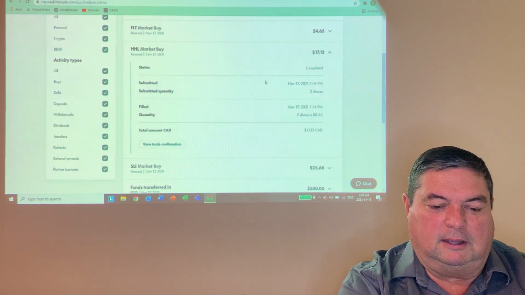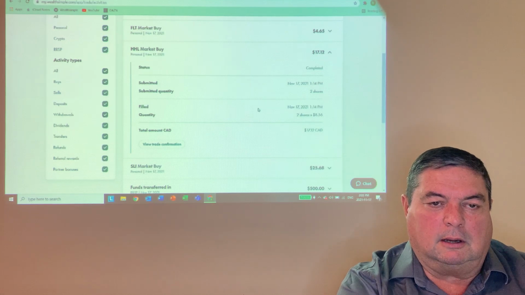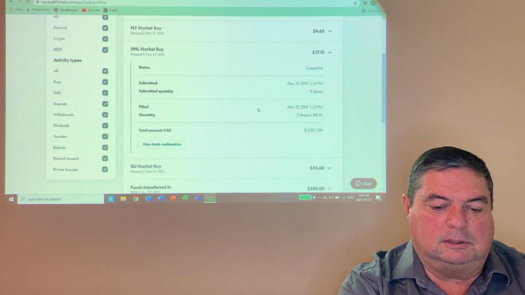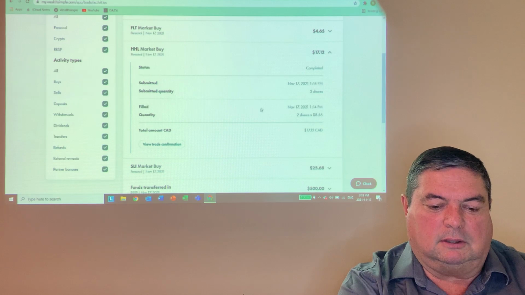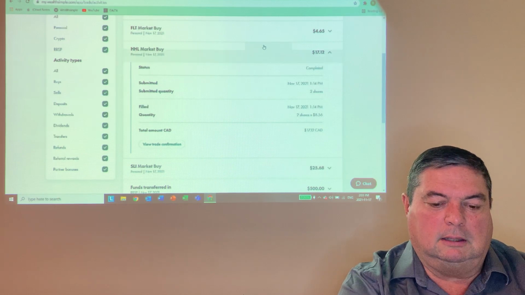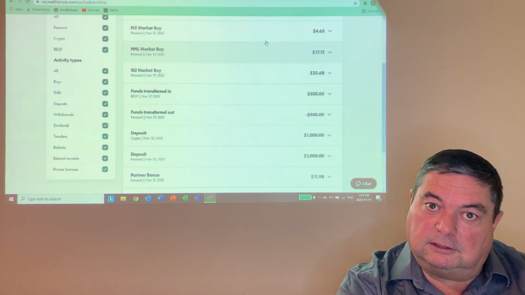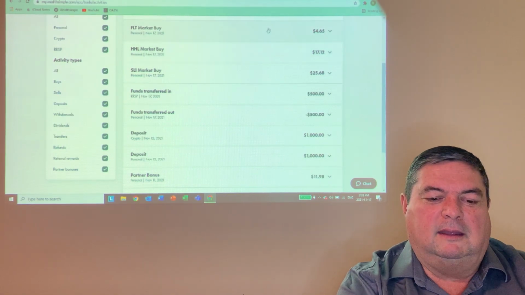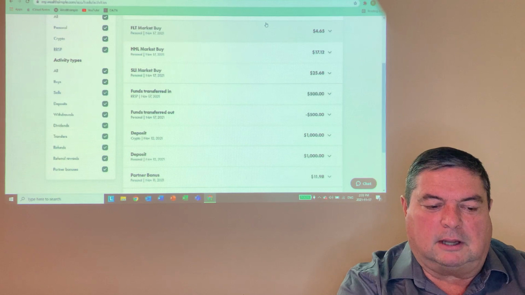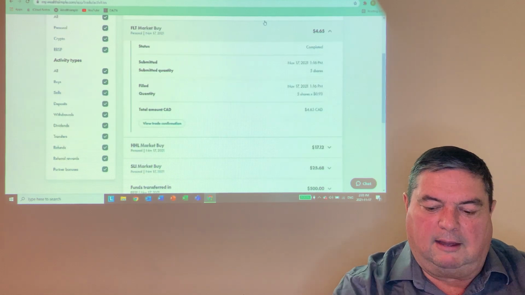The healthcare sector is looking after all us old baby boomers. So we have $17 in 2 shares of HHL. That's a bit of diversification in healthcare. That's the word we're looking for.